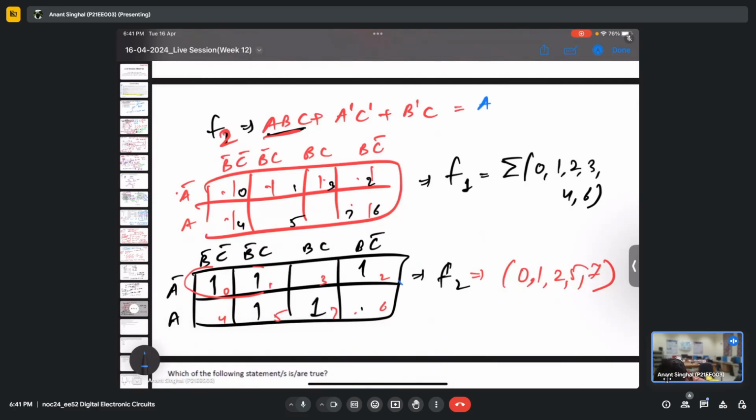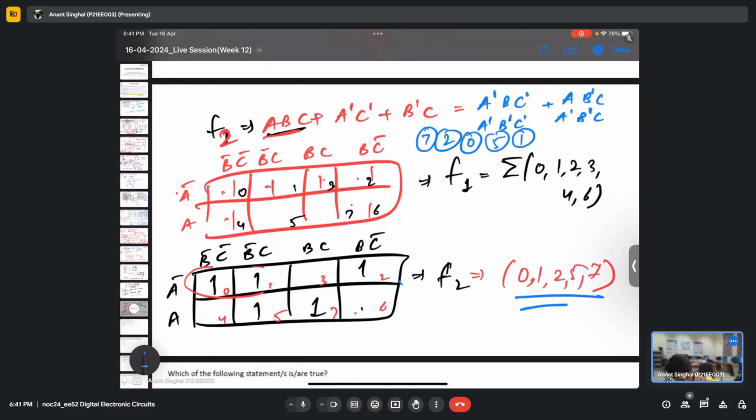This is A complement C complement, and the third term is B complement C. So we have 7, we have this 010 which is 2, we have this 000 which is 0, we have this 101 which is 5, and we have this 001 which is 1.